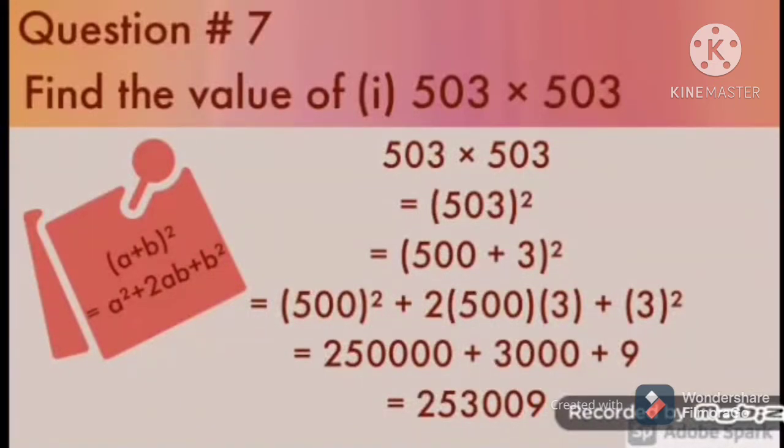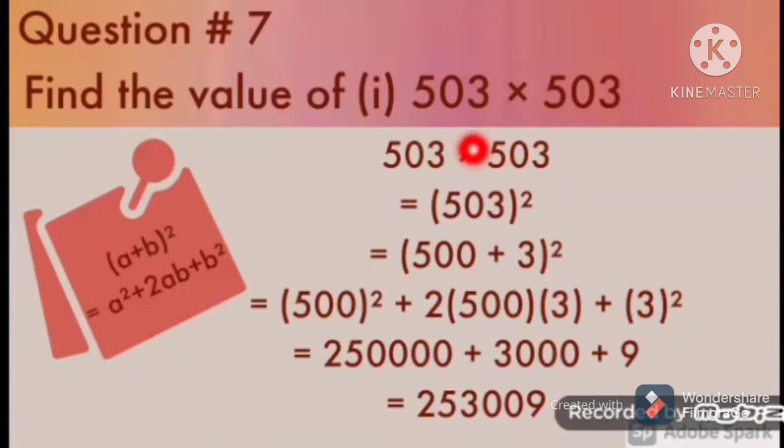In question number 7, we have to multiply different numbers by themselves. We will solve part 1 of question 7. In part 1, we have to multiply 503 by 503.